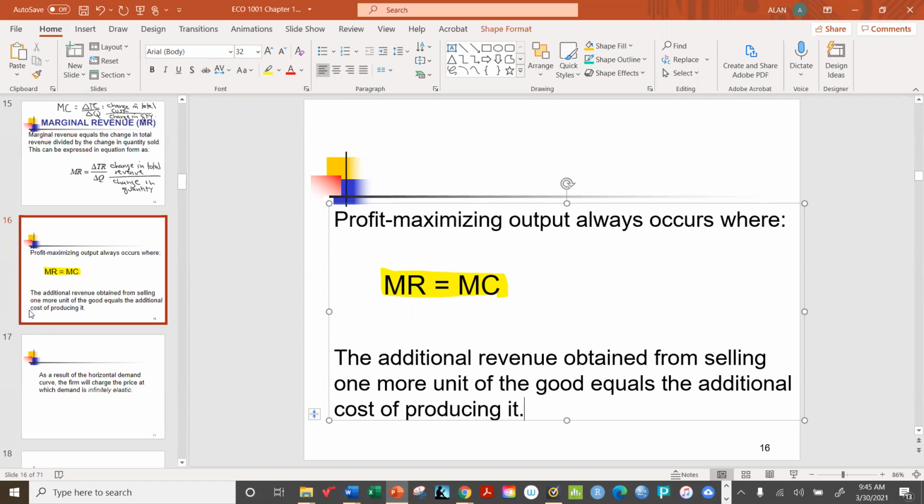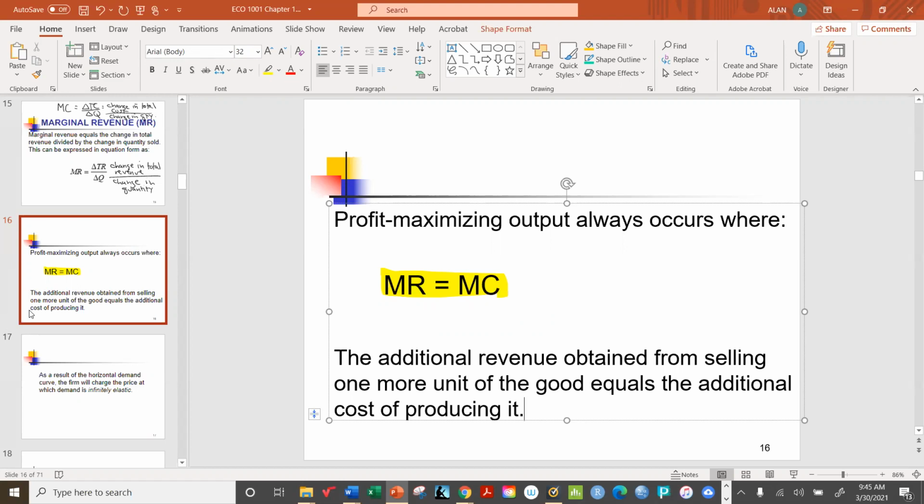So in other words, imagine if it cost you $8 to make a raspberry shake, then you would want to sell it for $8. Now, it doesn't sound right, does it? It sounds like you might think, well, shouldn't we charge a price where marginal revenue is higher than marginal cost? But it turns out that that's not actually the best way to go.